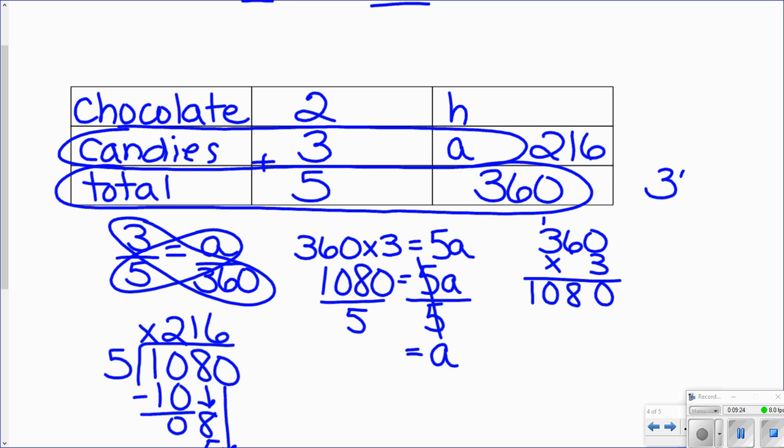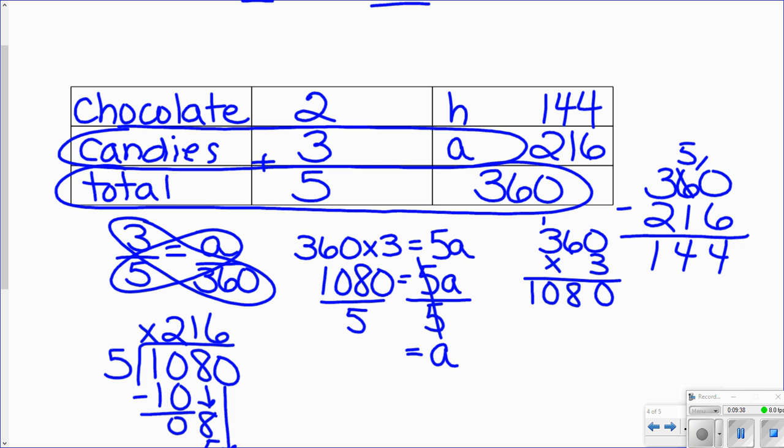To find out the chocolate, even though the question does not ask you, I'm going to subtract. I need to borrow. 10 minus 6 is 4. 5 minus 1 is 4. 3 minus 2 is 1. 144 chocolates.